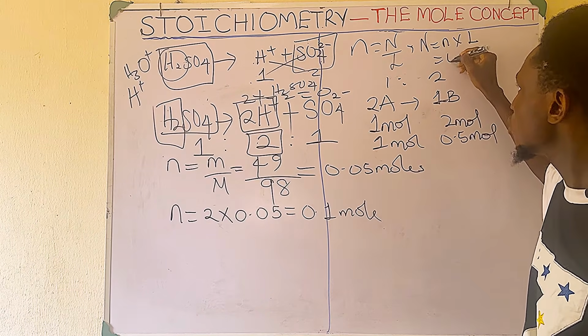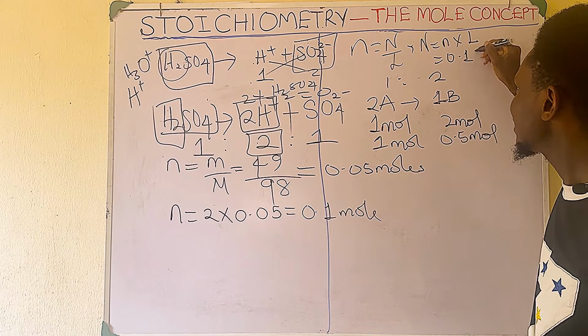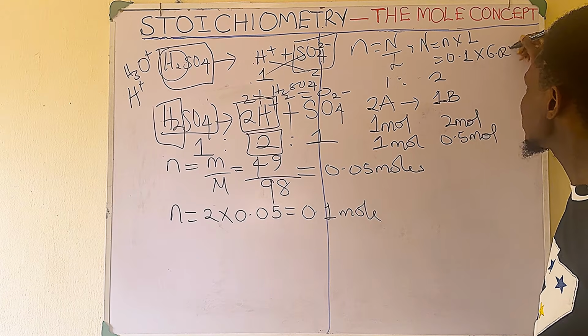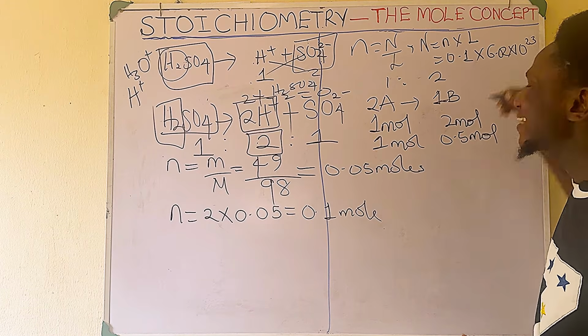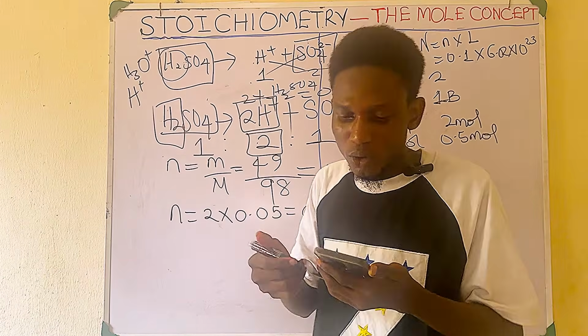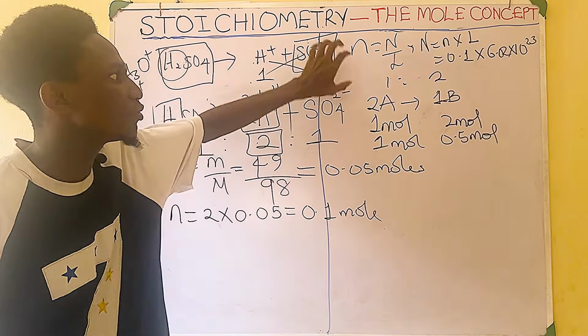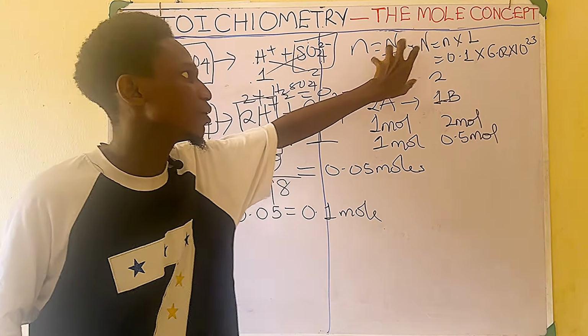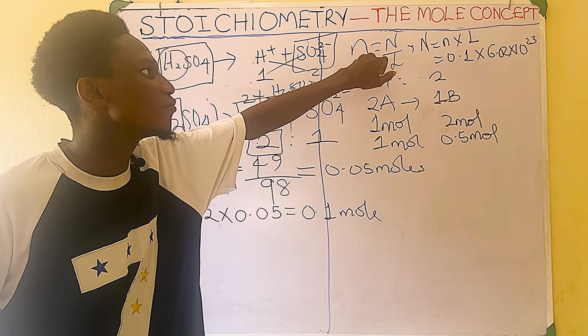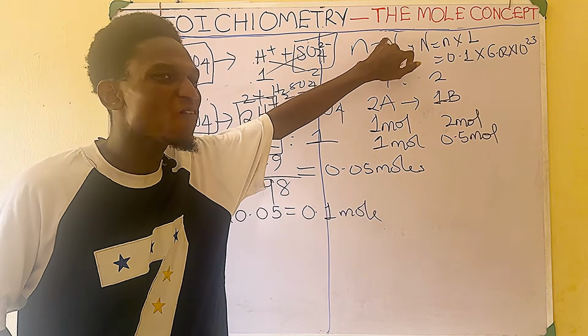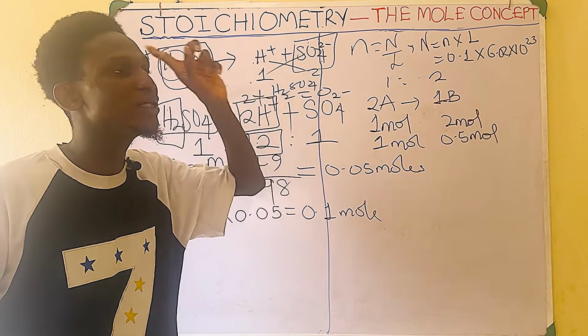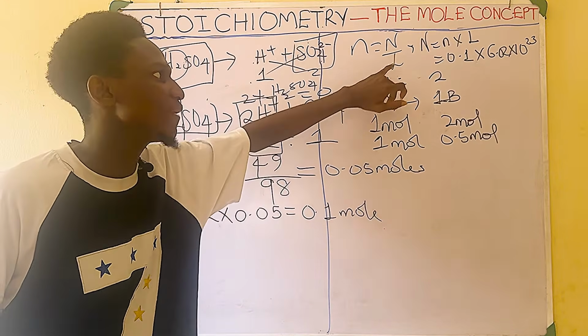It means that we have 0.1 times 6.02 times 10 to the power 23. You see, number of ions. Please always listen to terms. When you see number of ions, I'm talking about this relationship, because number of moles equals number of particles divided by Avogadro's number. Particles can be ions, molecules, or atoms.